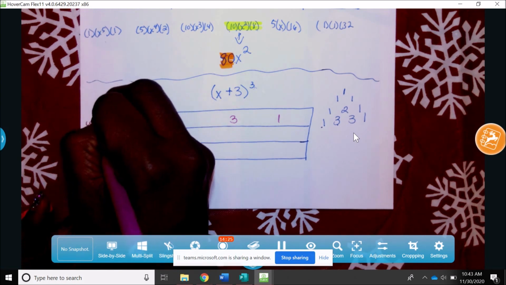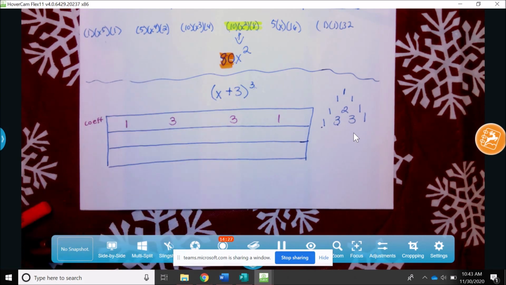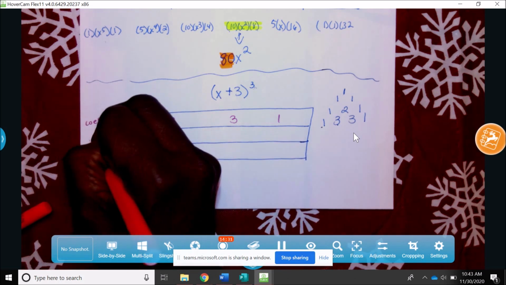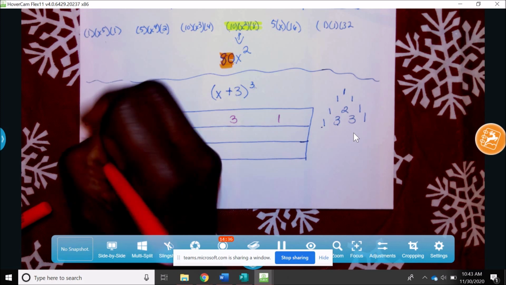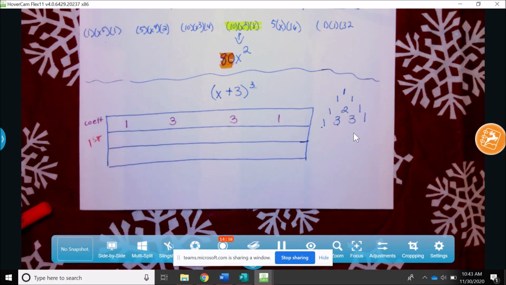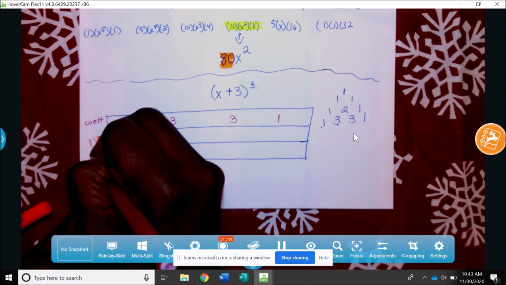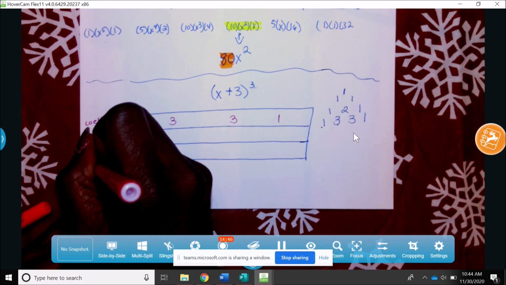So this is my coefficient row. This is my first term row. And this is my second term row.